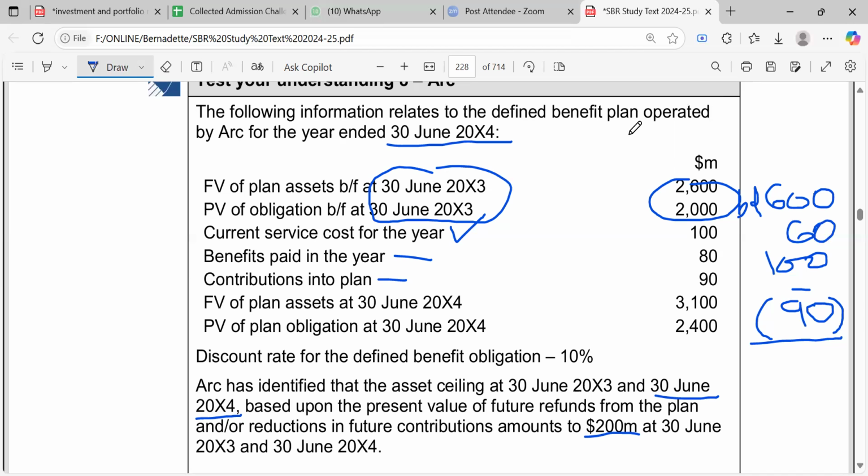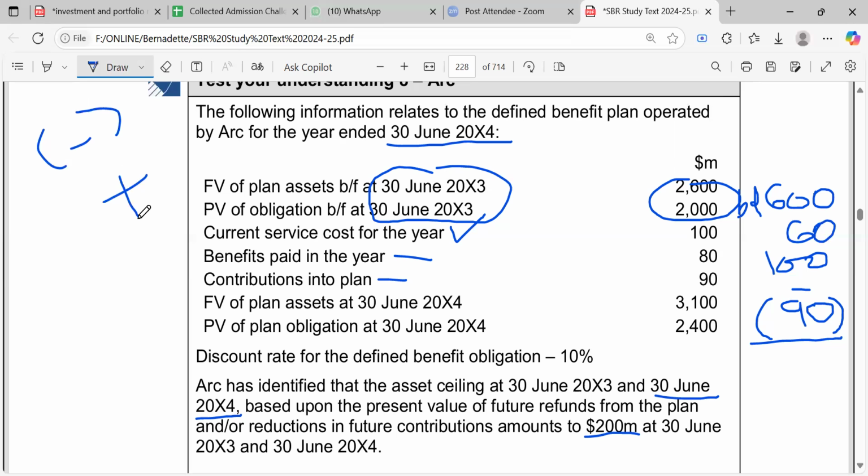Hello. Yes, I can hear you. I was trying to insist again. When you are doing this question, you note that all the assets you should put the negative sign and all the liabilities the positive sign.